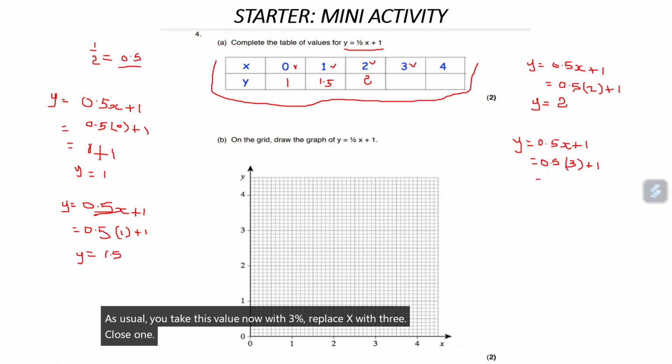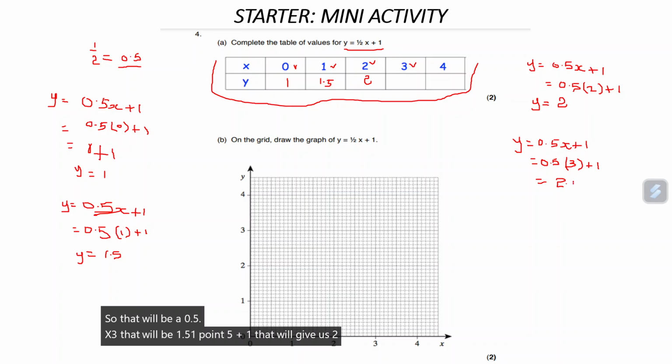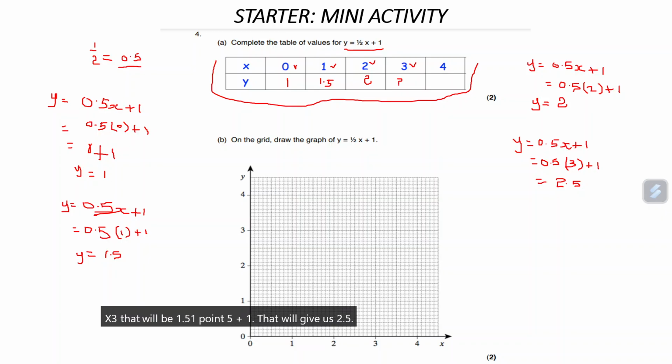So that will be 0.5 times 3, that will be 1.5. 1.5 plus 1 will give us 2.5. So this is our 2.5, you place it here.